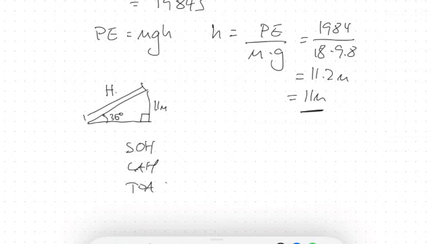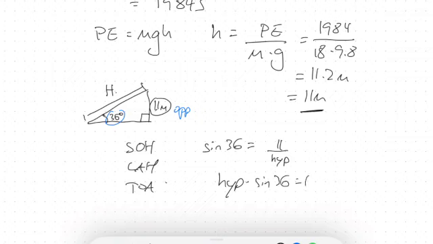SOH CAH TOA. And what's this one? That's opposite the angle. So I need sine 36 equals 11 over hypotenuse. So hypotenuse times sine 36 equals 11.